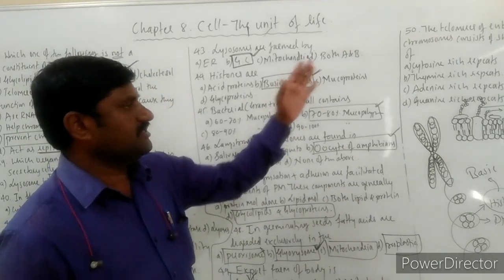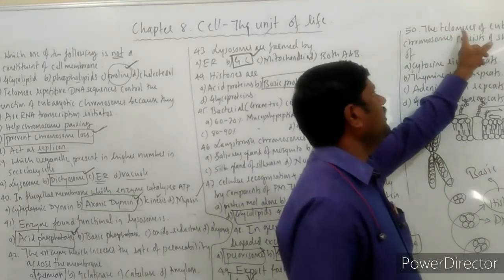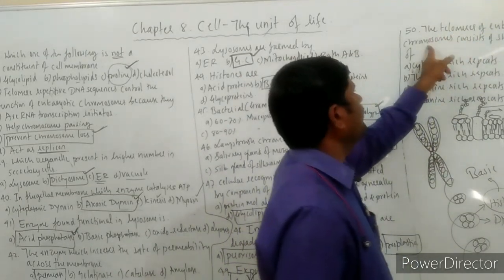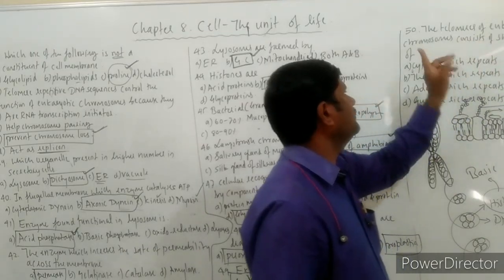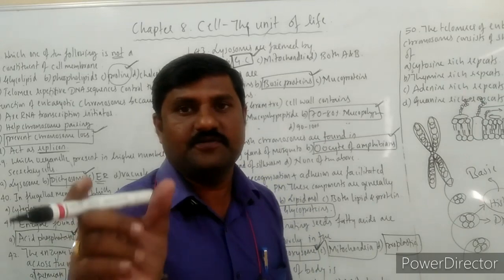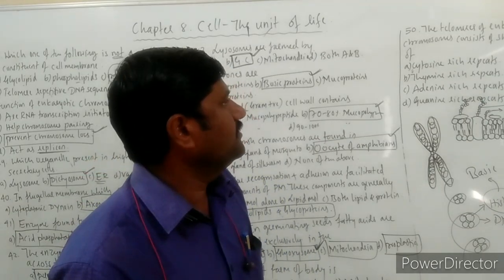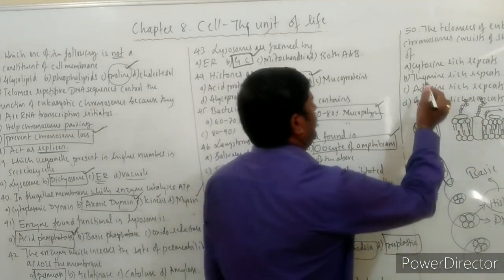Right? So the next question is a very important one. The telomeres of eukaryotic chromosomes consist of short sequences of some nitrogen bases.